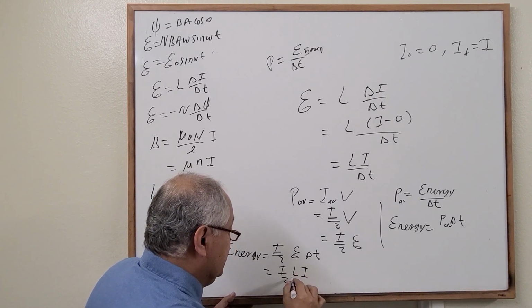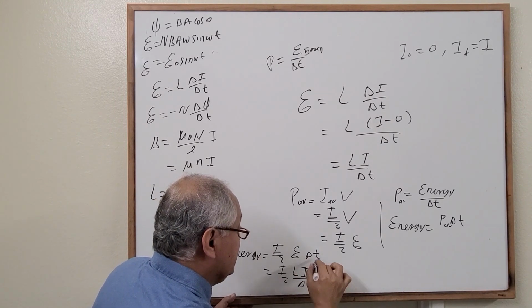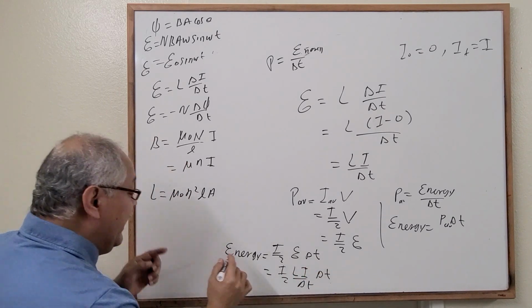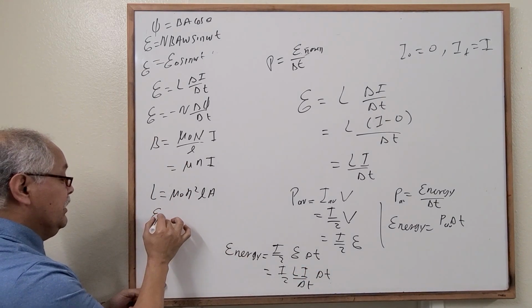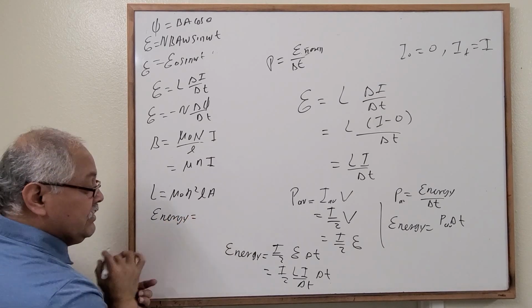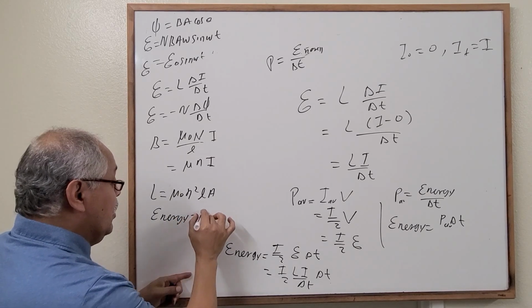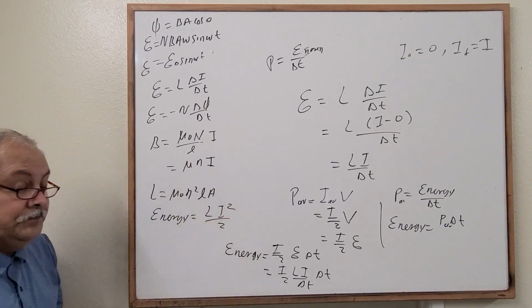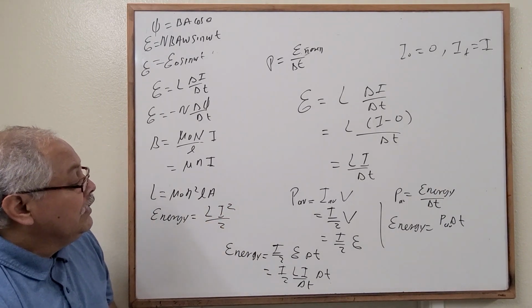This is divided by delta t times delta t, so delta t is cancelled. And what do we have? The energy inside of a solenoid is equal to the inductance times current squared divided by 2. Correct?